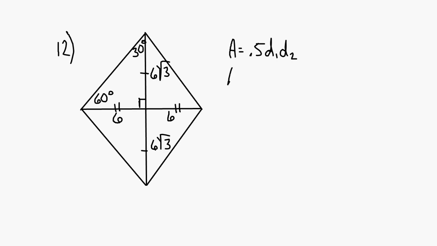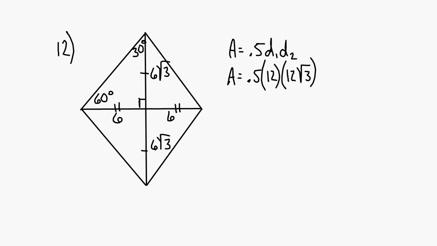So the area of this shape is going to be equal to 0.5 times diagonal 1. Diagonal 1 would be 6 and 6, which is 12, times diagonal 2, 6 radical 3 plus 6 radical 3. And that's 12 radical 3.